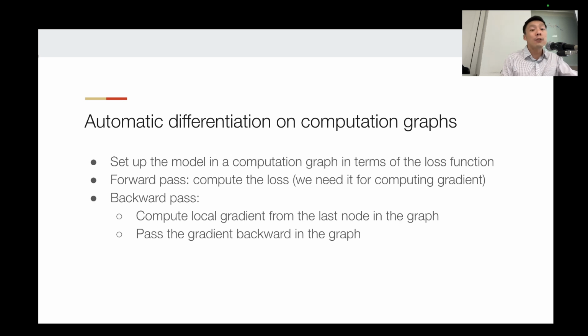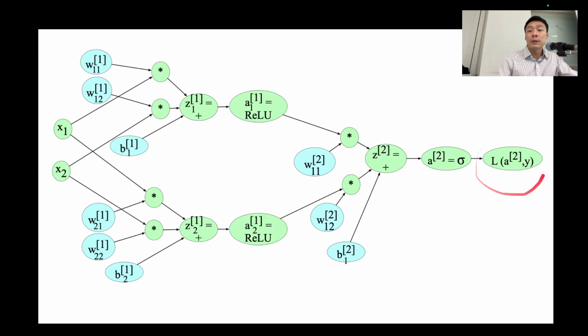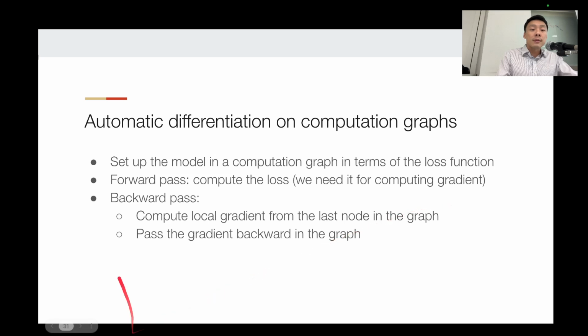First, you need to do the forward pass, as in you need to compute this guy when you use the training set. That's why you need to compute the loss first. Once you compute that, then you can compute the backward pass.